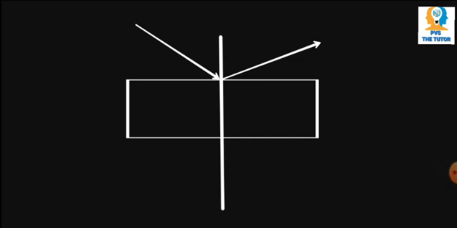So when a ray is coming, it reaches this surface, then it bounces back like that. You need to show these rays with arrows like they have shown them. Now what happens is, when the ray reaches this boundary, it makes an angle with this line.